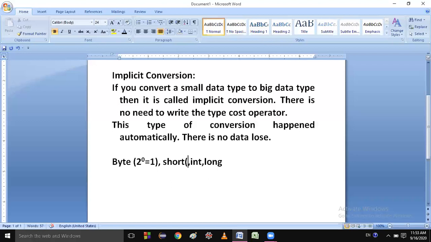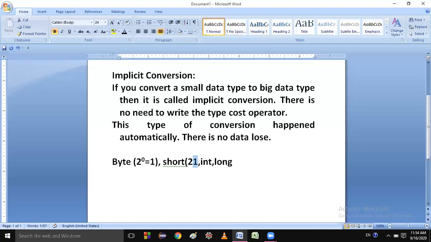If any integer or variable has the power 0, the answer will be 1.